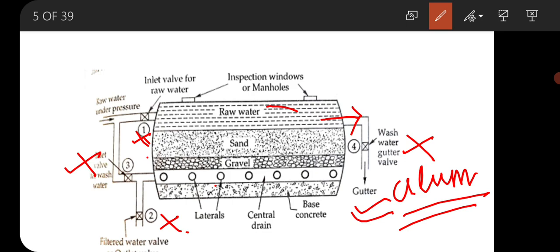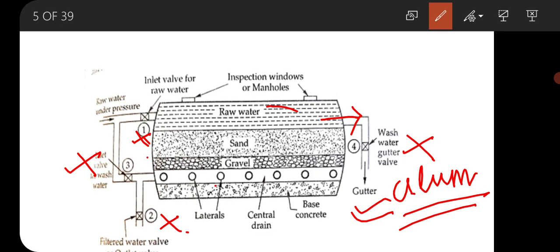And after some time, the valve 1 and 2 are open and the clear filtered water is collected. But in case of pressure filters, it may require slightly more frequent cleaning as compared to that of rapid gravity filters.